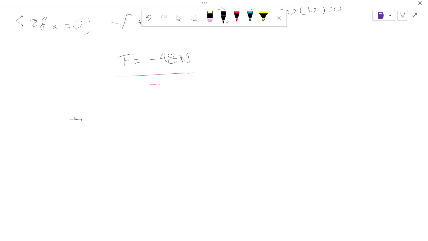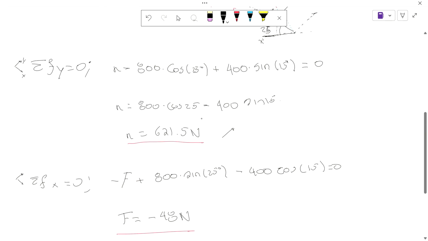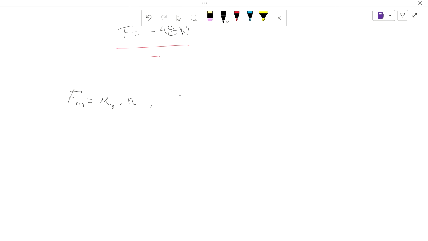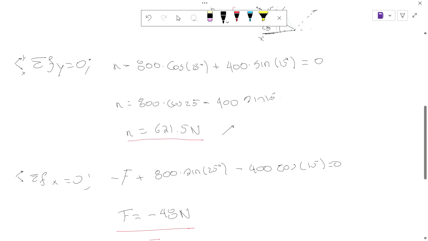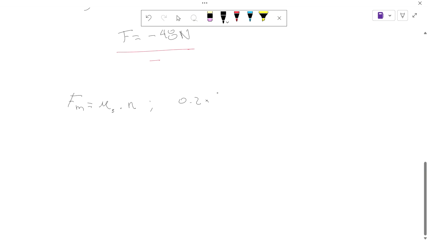So the force to see if it's moving is going to be the static coefficient times the normal force. So static coefficient was 0.2 times the normal force, which was 621.5.